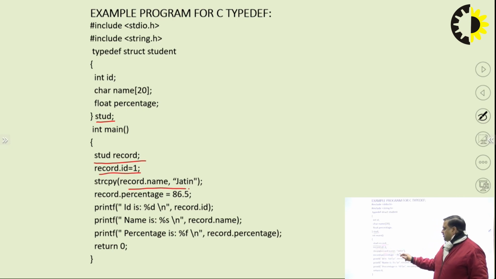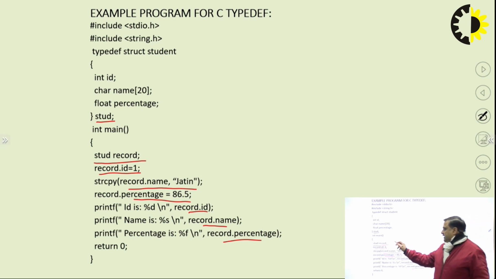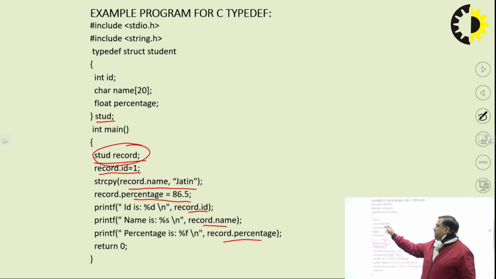We have named the record name Jatin, and the record percentage is this, and we can print record.id, record.name and record.percentage. So this line has been changed with the use of typedef.